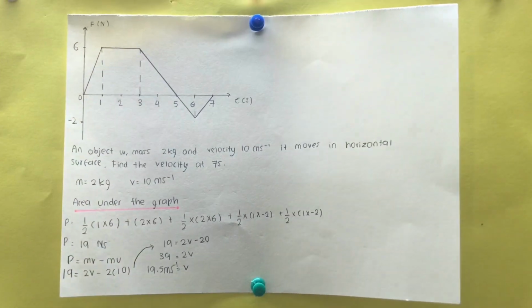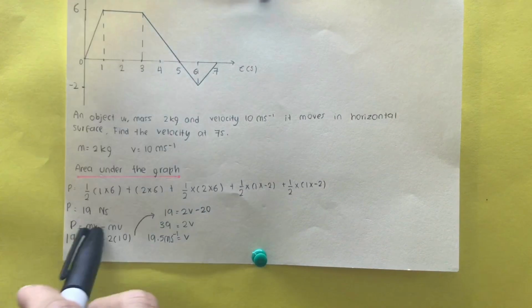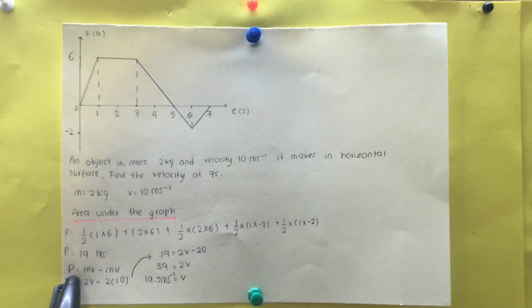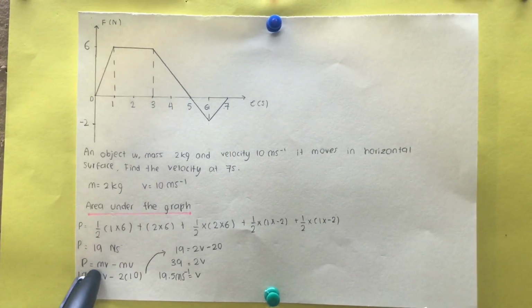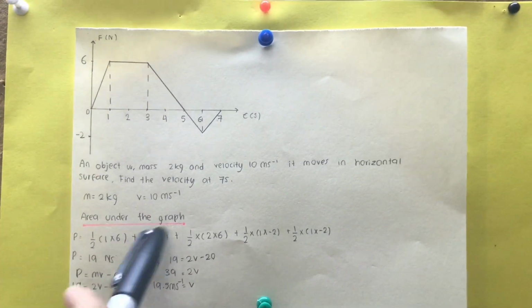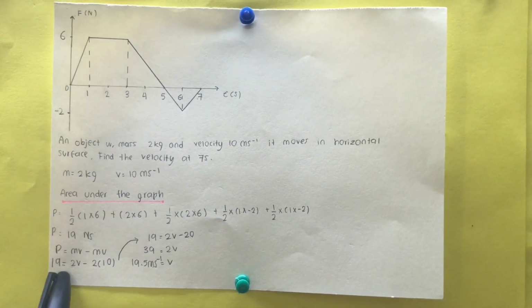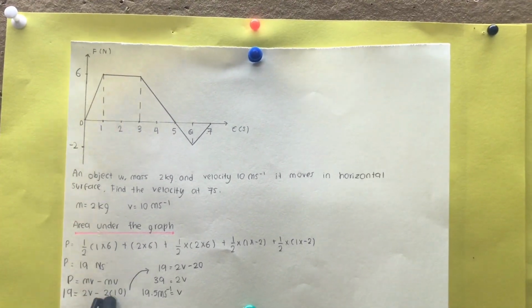So to get the velocity at 7 seconds, we must use the formula P equal to mv minus mu, where v is the final velocity and u is the initial velocity. We put in the values: 19 equal to 2v minus 2 times 10.